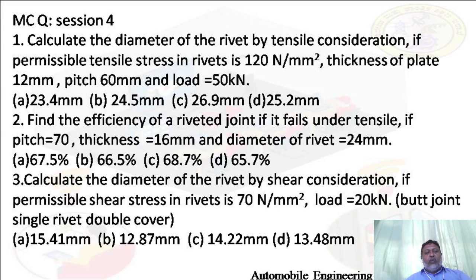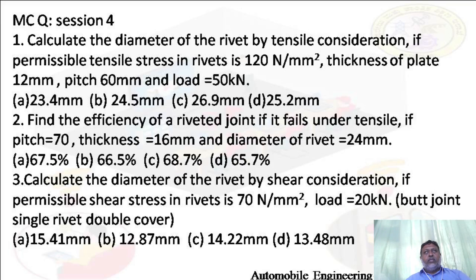Then we have: find the efficiency of the riveted joint if it fails under tensile. If pitch is 70, thickness is 60 and the diameter is 24, we will have P minus D by P. Sorry, P minus D by P is the answer. Just go through it, because tearing strength or tensile strength is asked, and the least is basically that itself. What is the tearing equation?